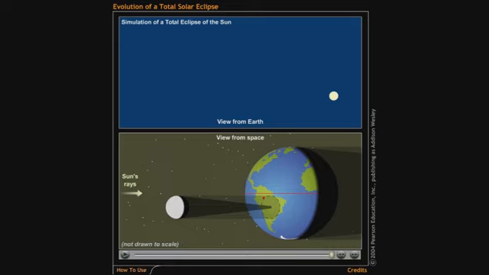Now this process takes several hours from beginning to end, with just a 2-minute or so totality in most cases. So let's see that again. The shadow's approaching us, a chunk's taken out of the sun, the shadow's over us, that's when we see the total eclipse, and then the sun gradually comes back.